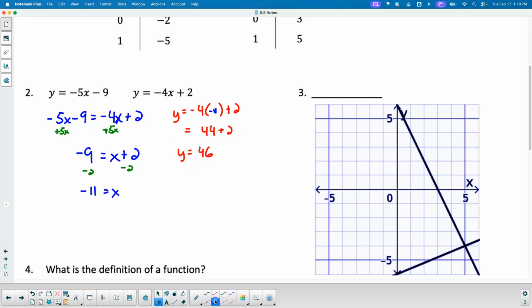I get -11, 46 for that one. 55 minus 9 is 46. Yep. Agree with me on that? I get 5 comma -4 for that one, where the lines intersect. Yes? Okay.